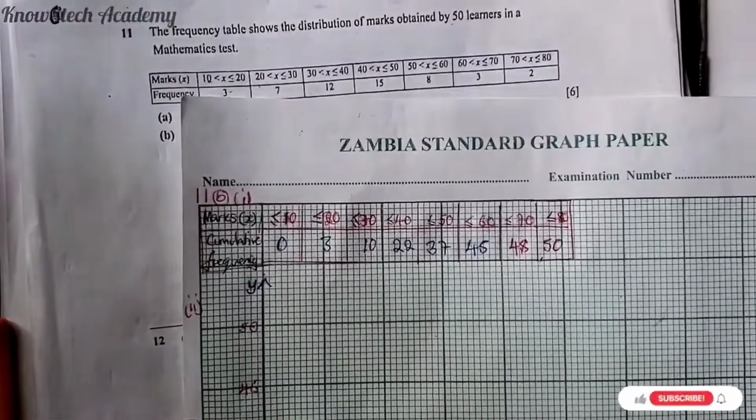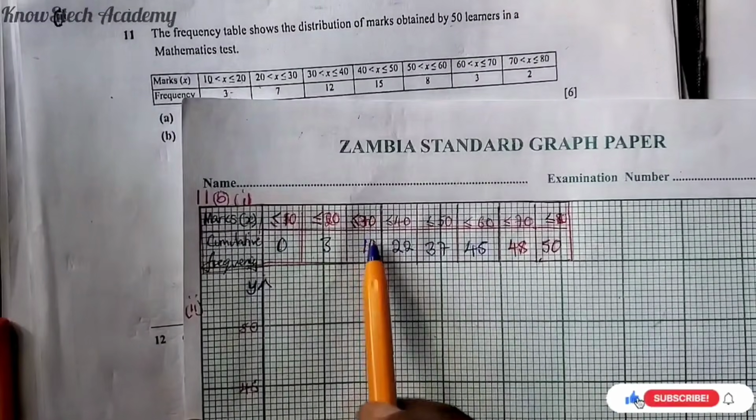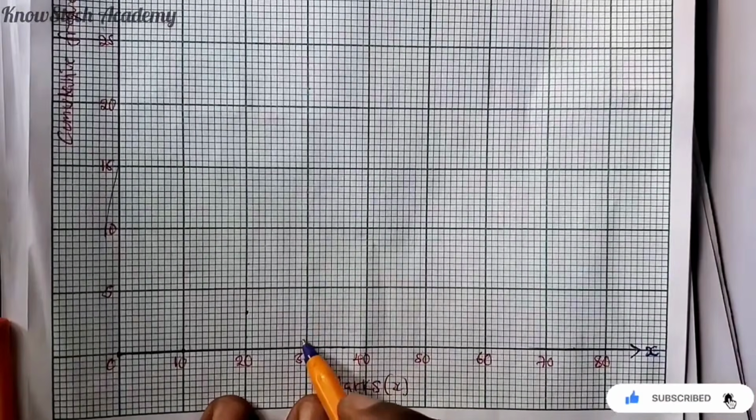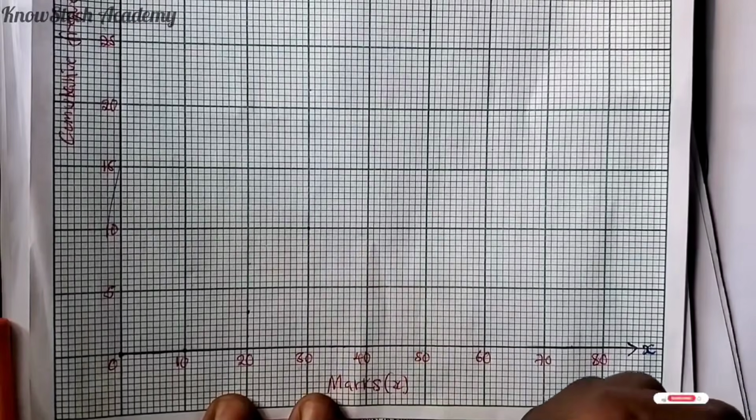Next coordinate is 30, 10. We go on our graph. 30 is here and 10 is here, simple as this.